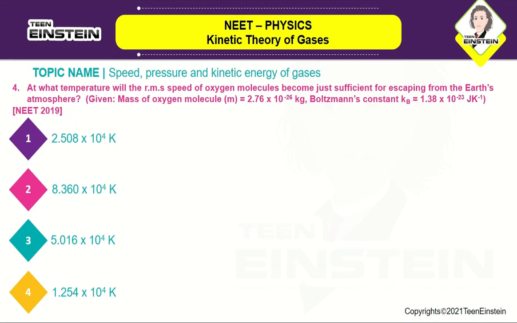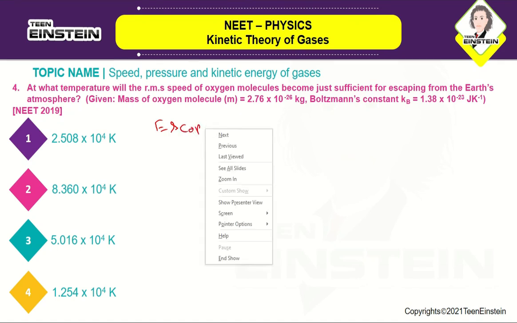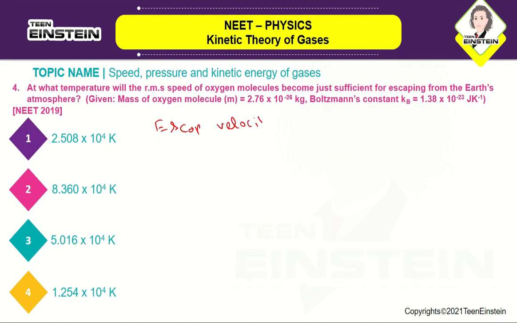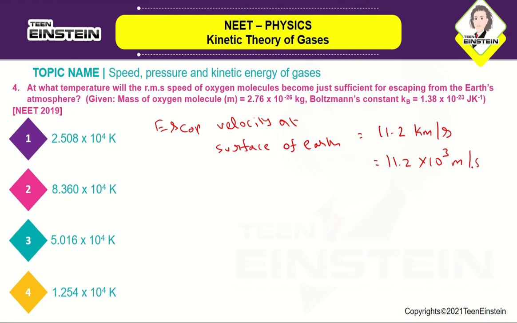So the escape velocity at the surface of Earth is 11.2 kilometer per second, or it is 11.2 into 10 power 3 meter per second.